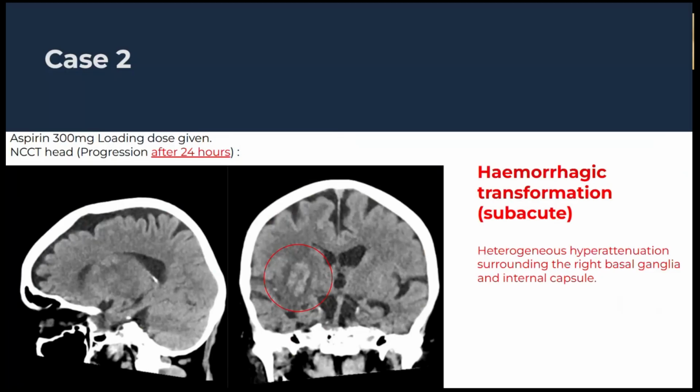And what actually happened with this case is apparently she wasn't a candidate for thrombolysis or endovascular clot retrieval due to frailty, and a palliation decision was made. So we'll move on.